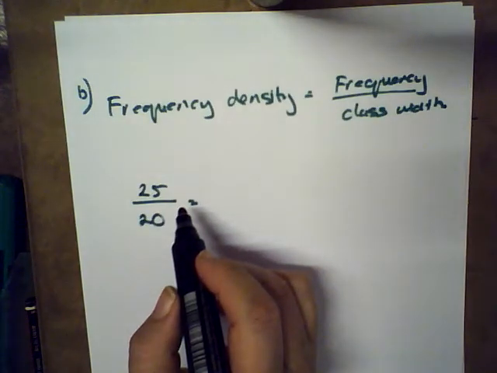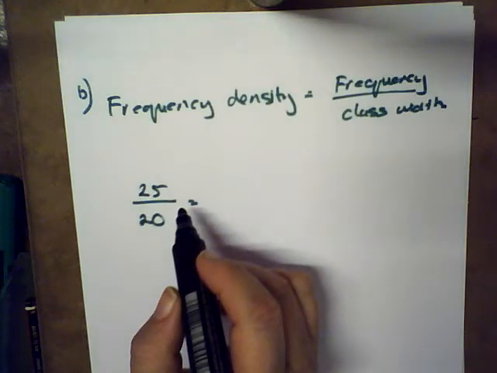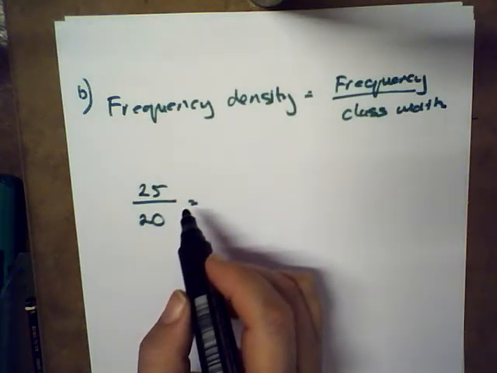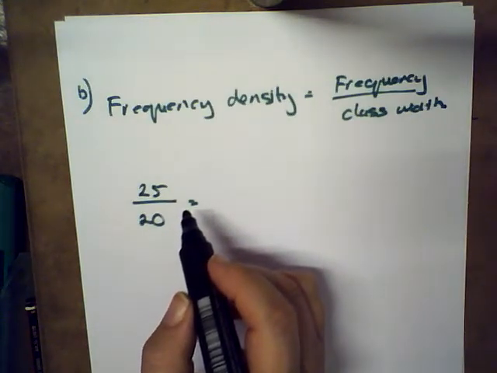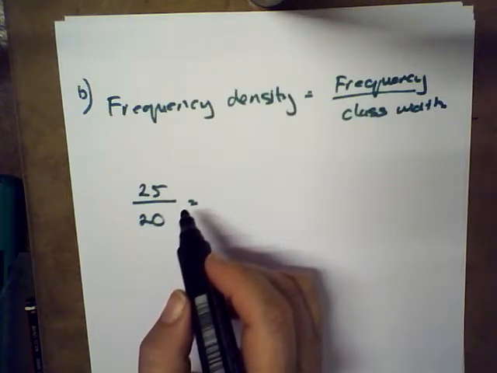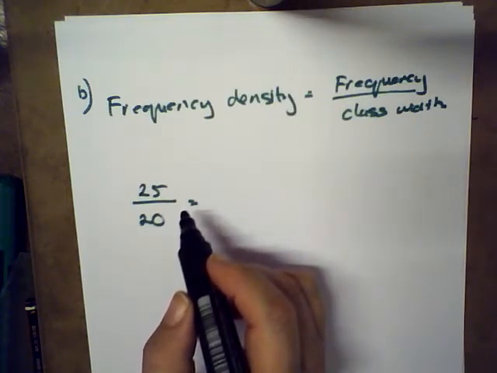Let me just see what 5, 10, 5 frequency density. How did I get that first initial value? So the result, we don't know, is some frequency P, the class width.